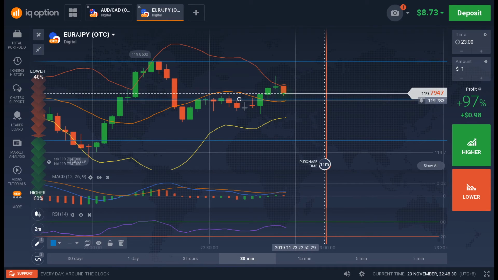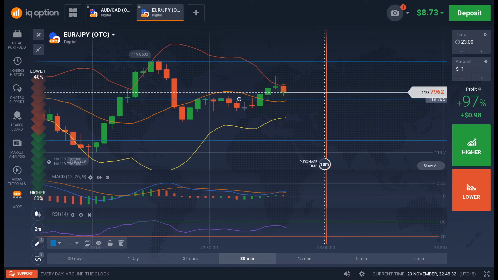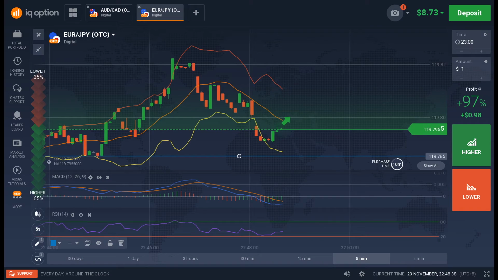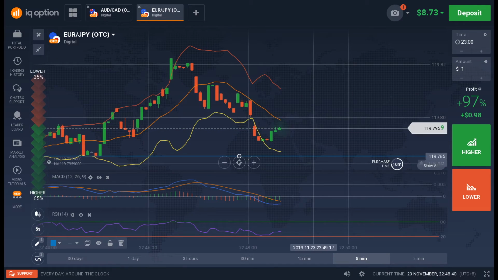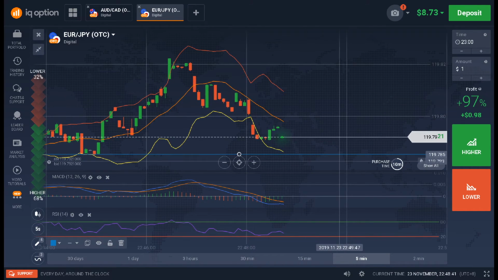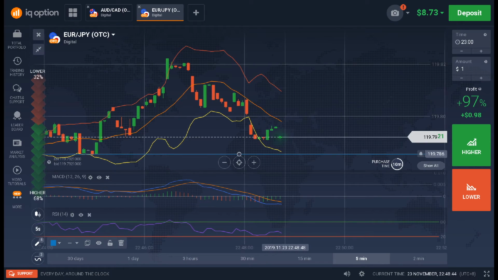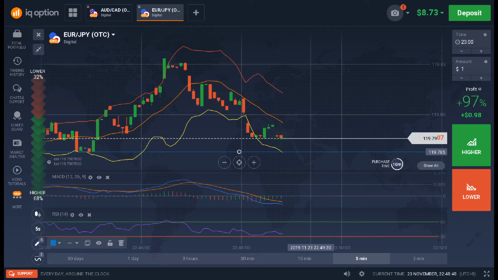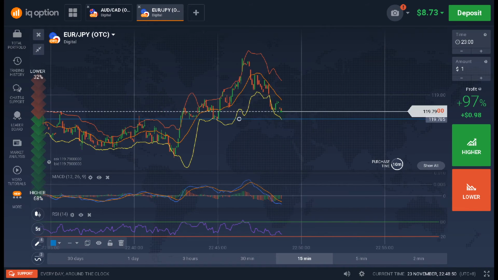I hope it, wow, 97% gain potential. We're near the MA20 line. Okay, it will go down. Let's wait till it reaches this part. It will potentially reach that.